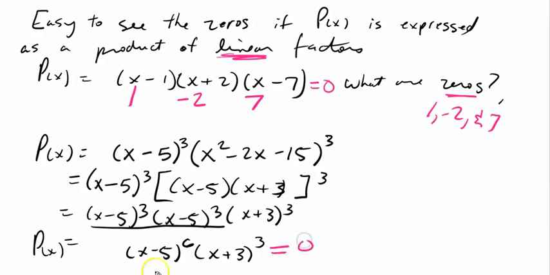I put it equal to 0, and I can see that 5 is a zero, and I can see that negative 3 is a zero. Okay. Now, 5 is repeated 6 times, so that's our multiplicity.